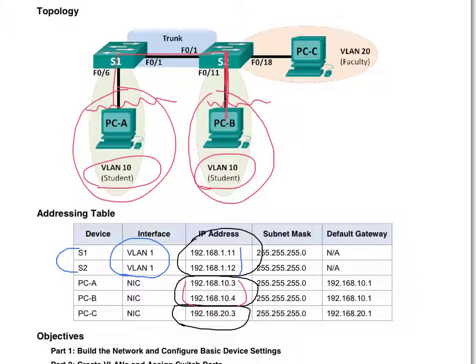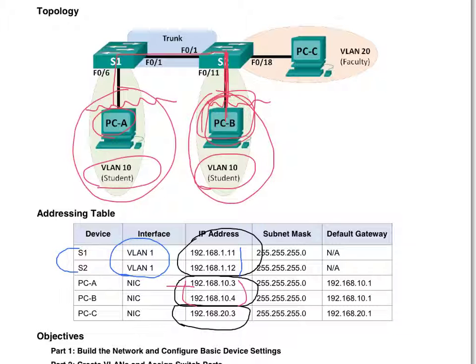Help me out here. PCA is on which switch? Oh, it's right here. Okay, so PCA is 192.168.10.3, and this is 10.4. They're on the same network. It's important to remember, does this device know it's on a VLAN? No, it doesn't.